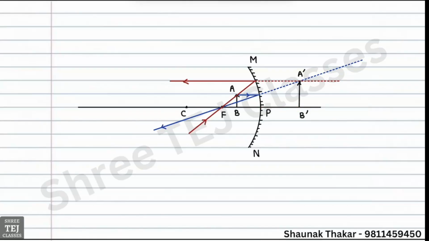So let us write the properties of this scenario. The case was: object is between pole and principal focus. Where has the image formed?